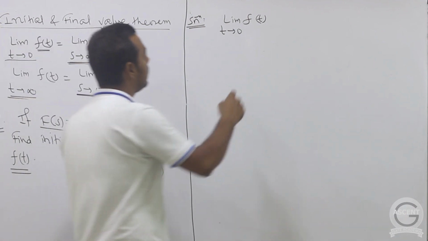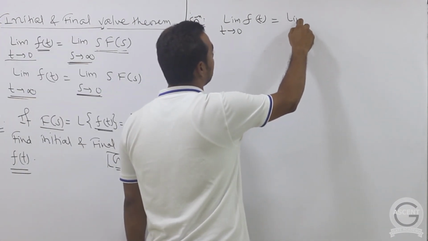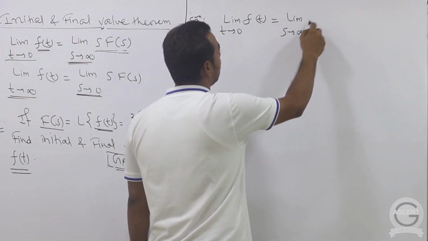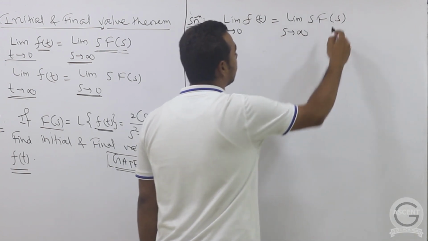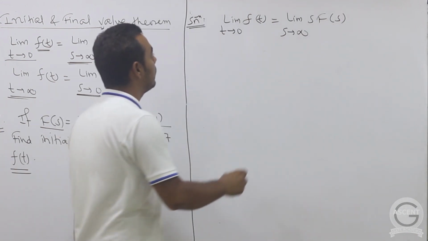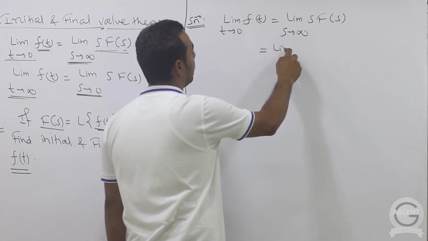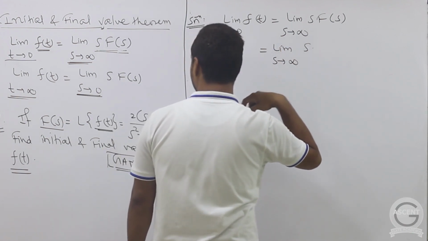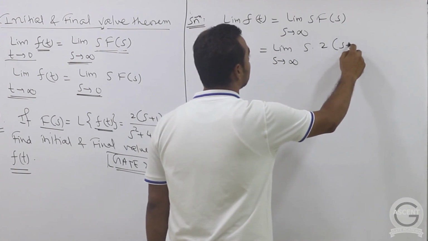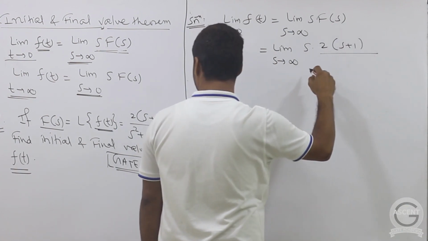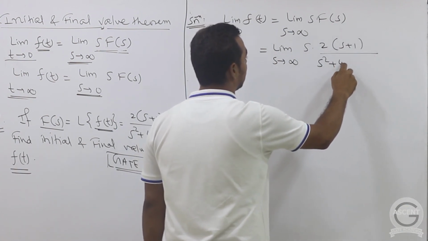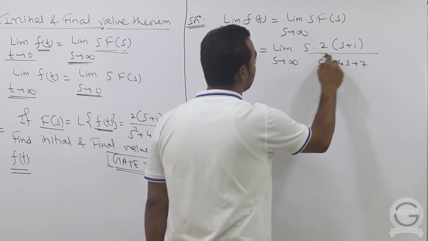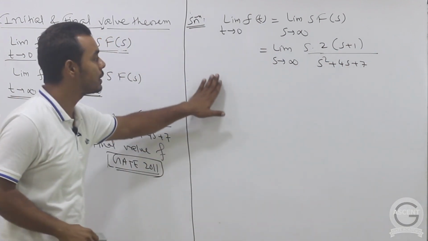Now using this initial value theorem, we can write this as limit s tending to infinity s into F(s). So this will become limit s tending to infinity s into, in place of F(s) we have 2 into s plus 1, divided by s square plus 4s plus 7. So we need to evaluate the value of this limit.